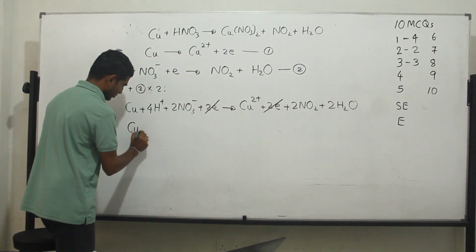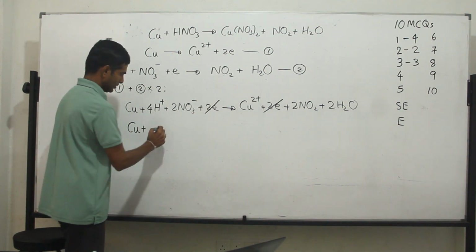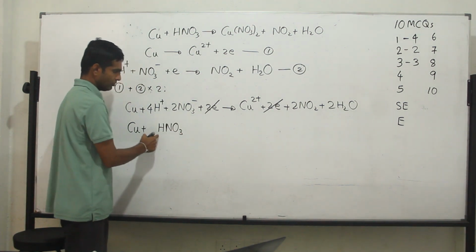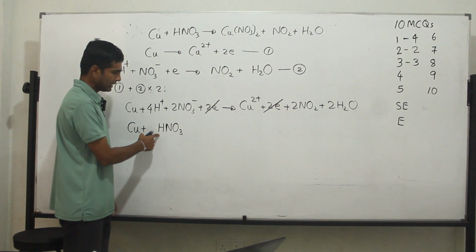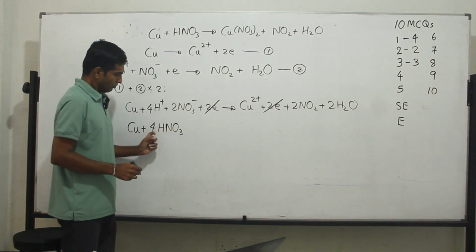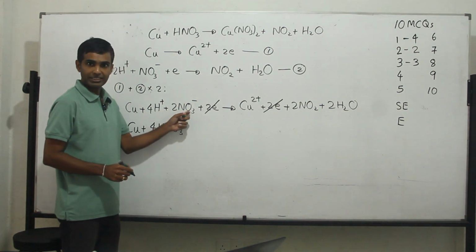Then 1 copper atom, 4 hydrogen ions are there. To get 4 hydrogen ions, we need 4 nitric acid molecules. Then what will happen? We will get 4 nitrate ions, but we need 2 nitrate ions.